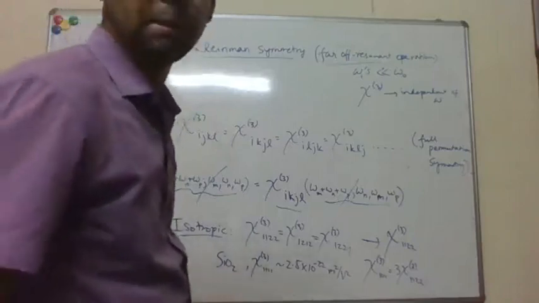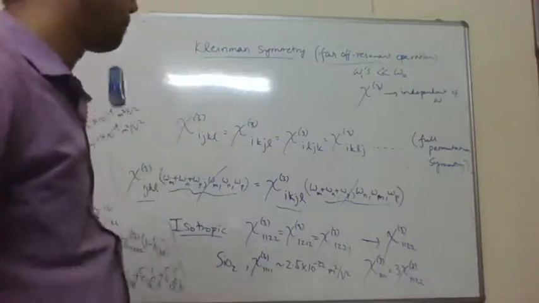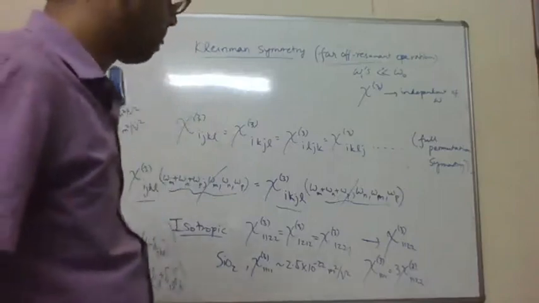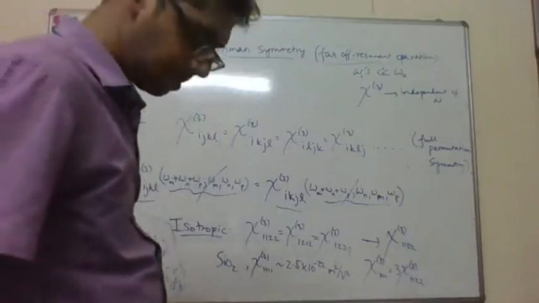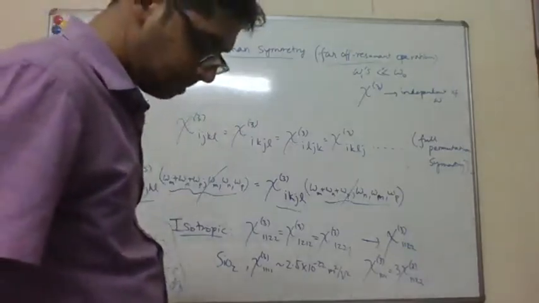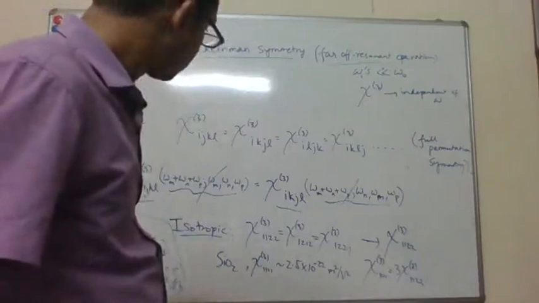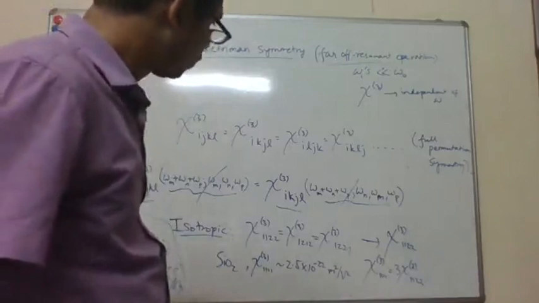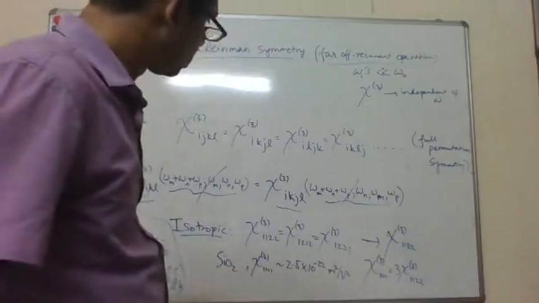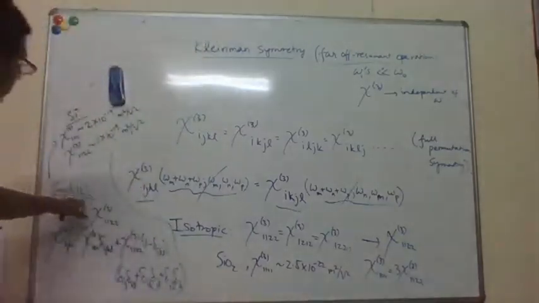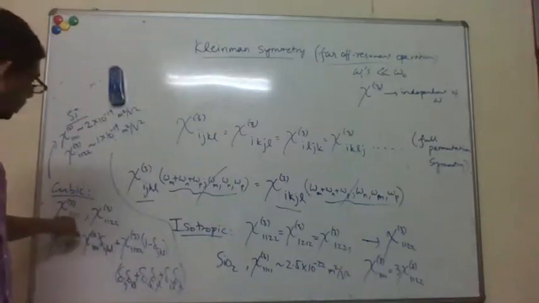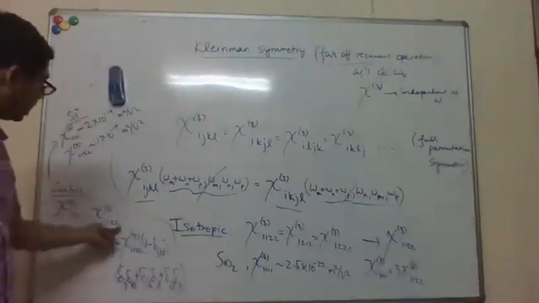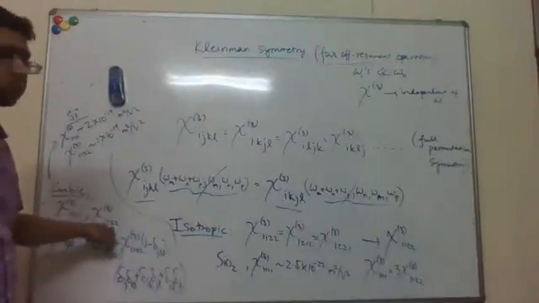Any questions? Sir, under Kleinman symmetry, the indices can be interchanged and the chi3 remains the same. So why do we need two chi3s in cubic crystals? Why can't we do it with... No, so basically in cubic crystals, the diagonal one, where all 4 indices are the same, is sort of independent of the off diagonal one. Right?